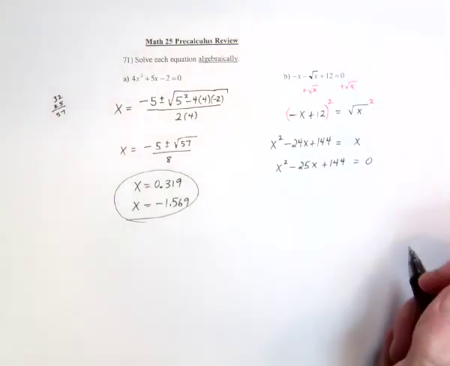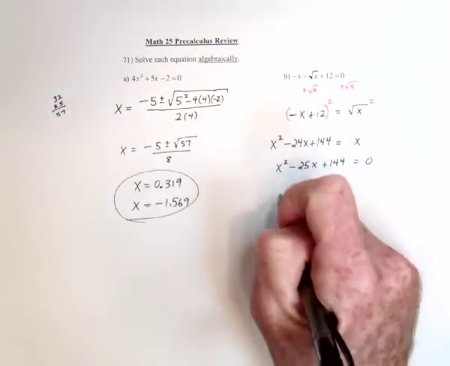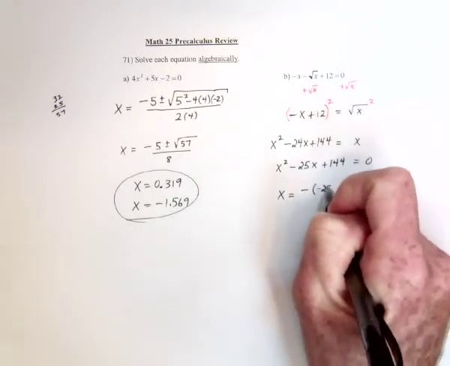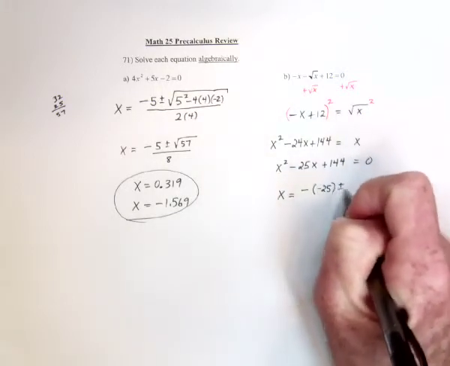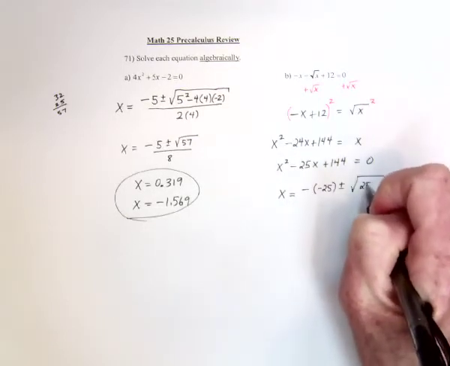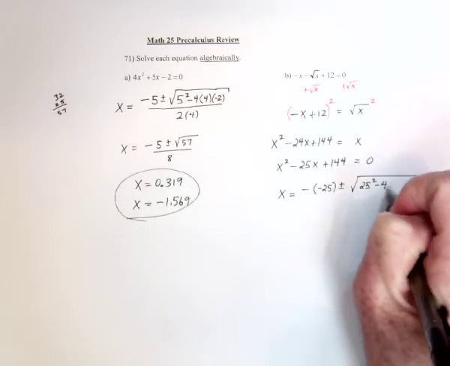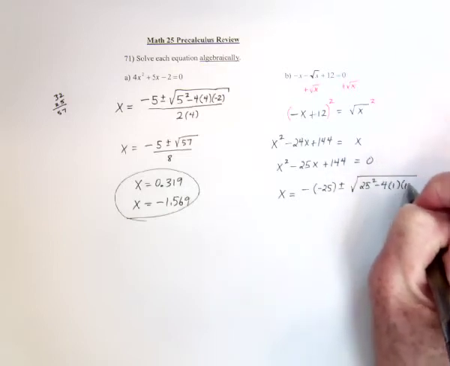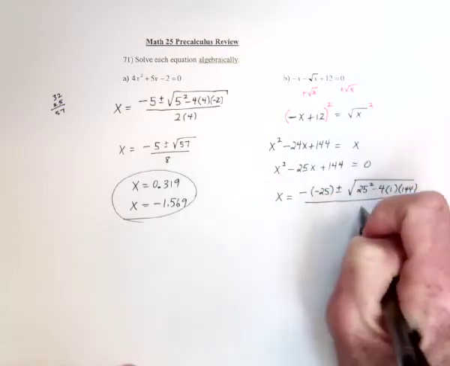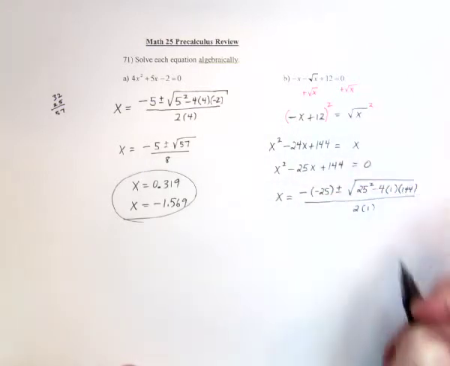And I doubt that it can be factored, so use the quadratic formula again. So negative b plus or minus the square root of b squared minus 4 times a times c, all divided by 2 times the a.